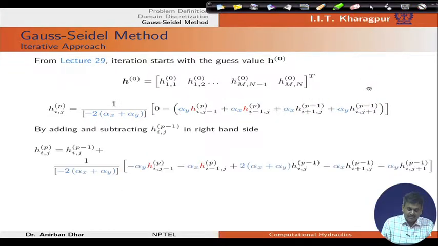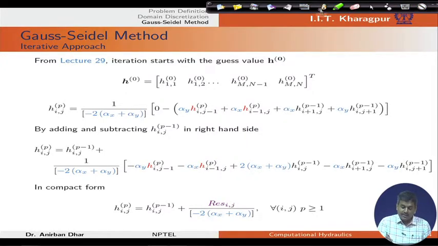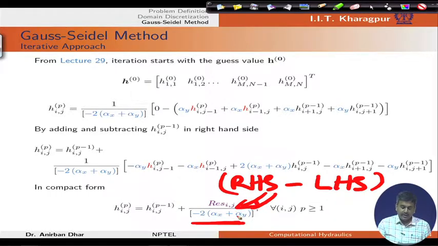Now, from this place if I write this one by adding and subtracting this term, what basically am I gaining? I am gaining in terms of the structure. What is there? This is nothing but right hand side minus left hand side structure. This is our residual divided by central coefficient.